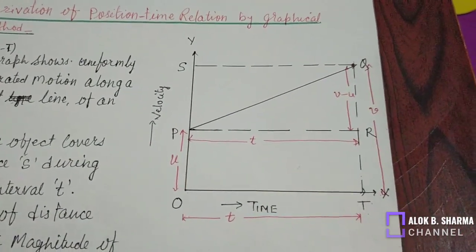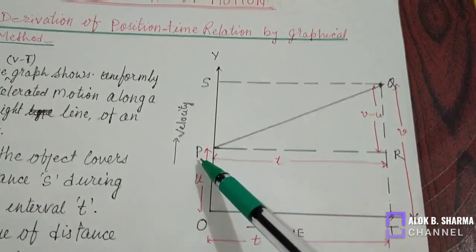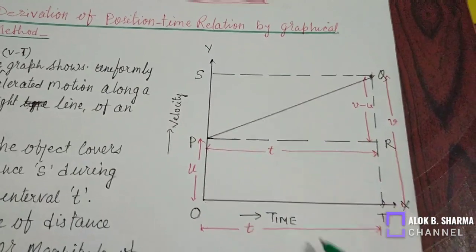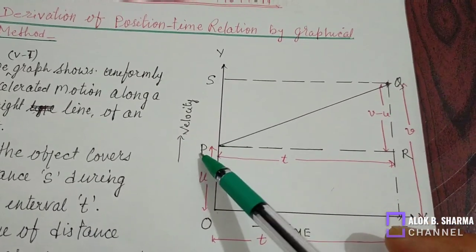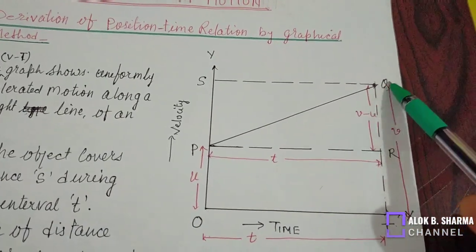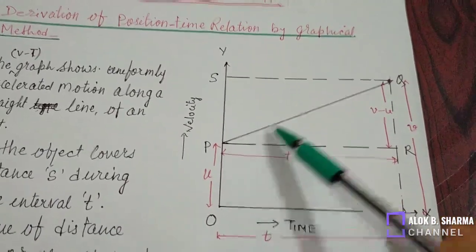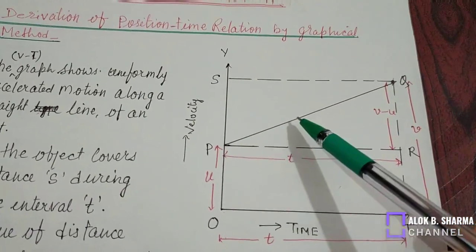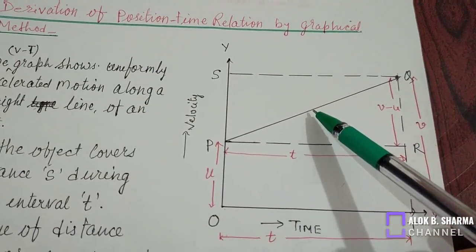First see the graph and try to understand the graph. This is a velocity time graph, and an object is moving with a certain non-zero initial velocity, and after a certain time its velocity changes and it attains a final velocity. So this line represents the path of an object which is under uniformly accelerated motion.